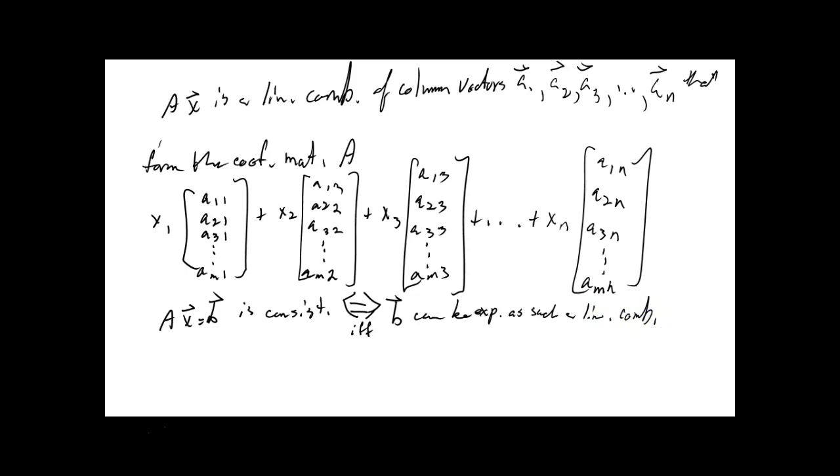Okay, now that sounds like double speak, you know. B can be expressed as such a linear combination where the coefficients of the linear combination are a solution of the system.